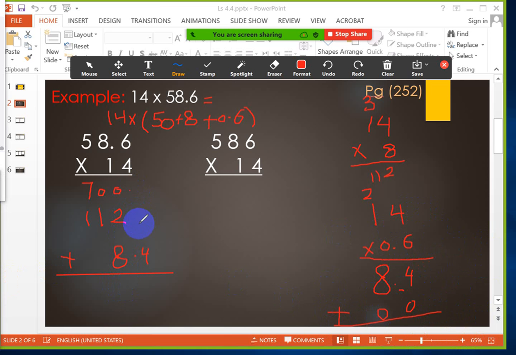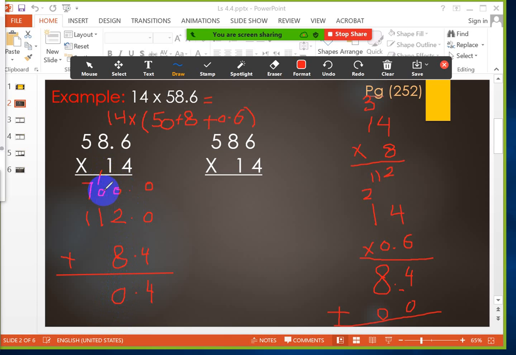There is no decimal point here. That means I will put a decimal point and put zeros in those digits because there is no digit. That means the value of those digits equals 0. Now I will add 0 plus 0 plus 4 equals 4. This is the decimal point. 0 plus 2, as we learned in addition, 2 plus 8 equals 10, so I will put 0 here and 1 above the tens.